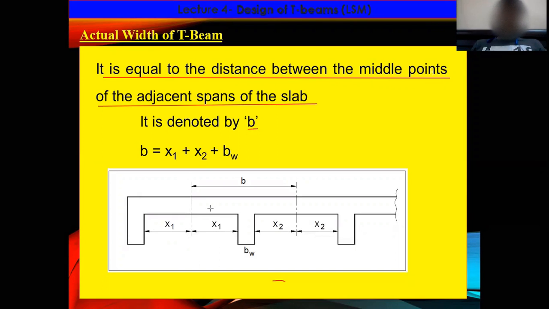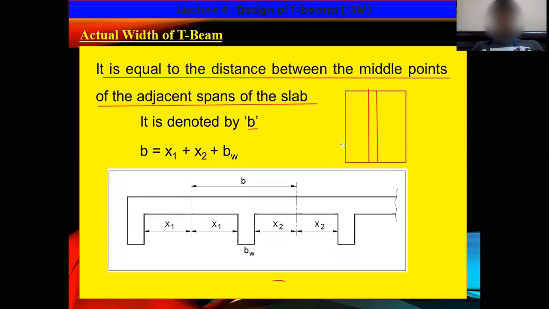Generally, while designing, we consider half of the span this side and half of the span this side. Why we consider this is because, suppose this is your continuous slab, and the slab is continuous on this side and this side, so we assume that 50% of the load in this span is transferred to this beam, and similarly 50% of this one is transferred to this one.